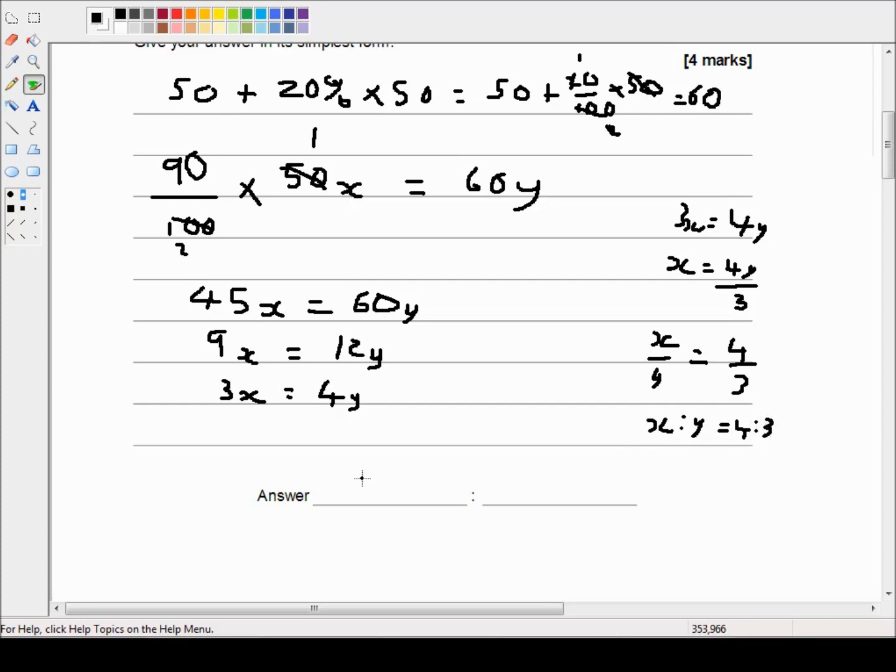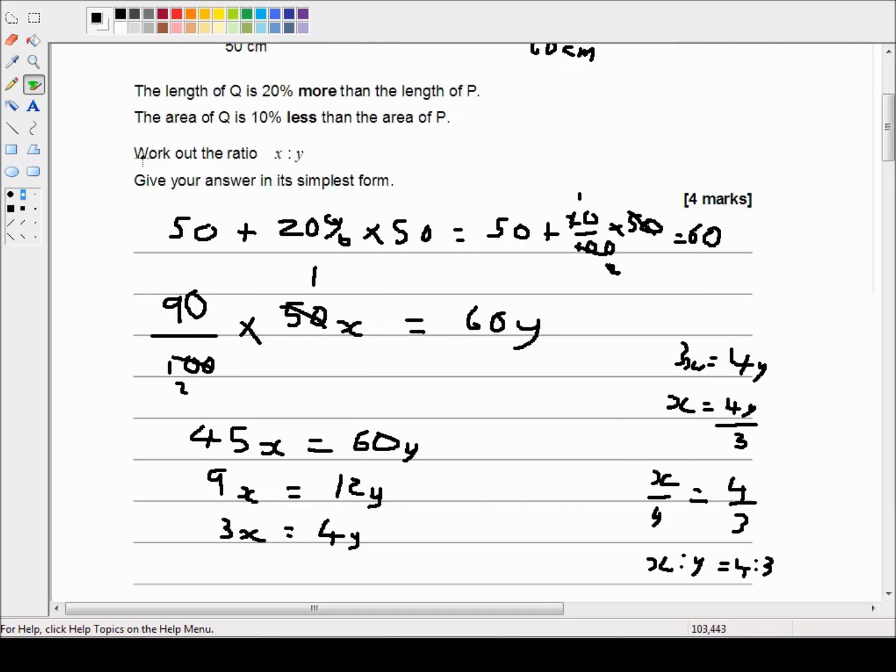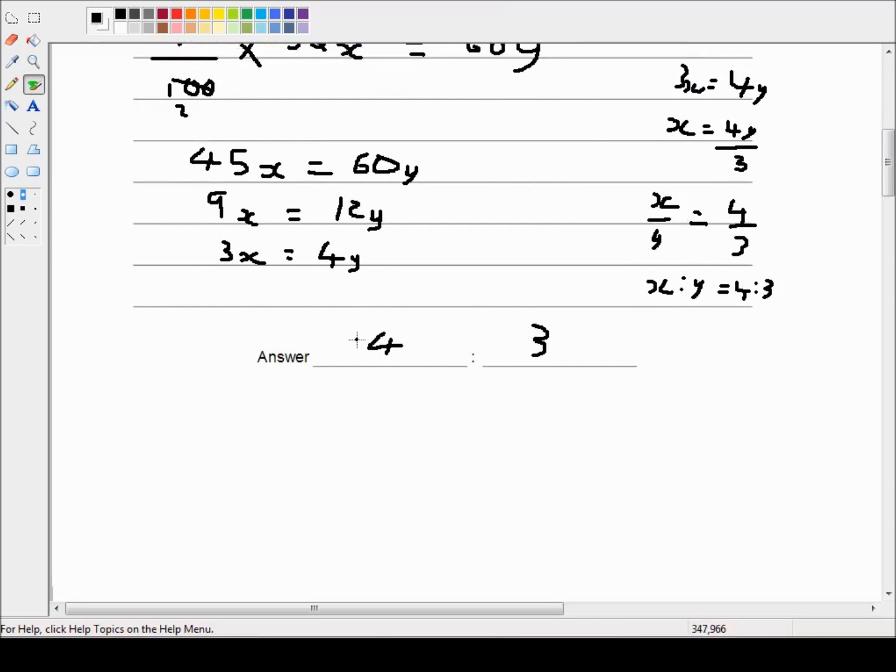So the answer is, I think what they want is 4:3, because they're asking for the ratio of x to y in its simplest form, so that's 4 to 3. Although we might argue that simplest form is in its unitary form, in which case it could be 1 to 3 over 4.